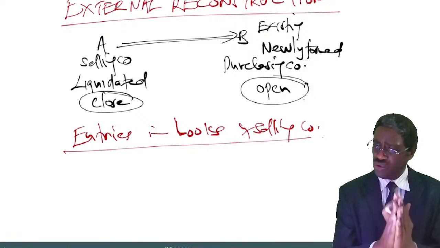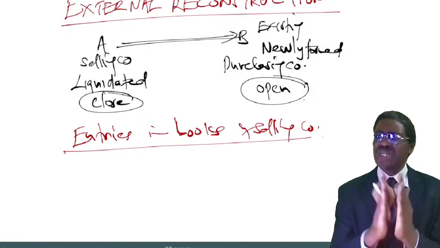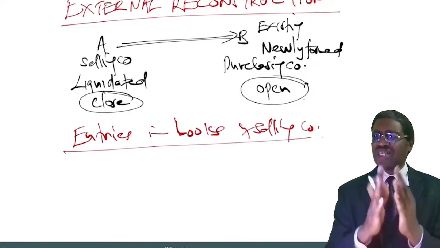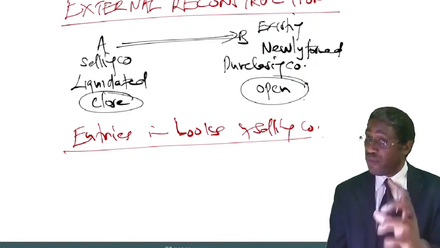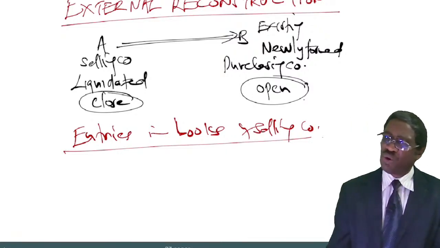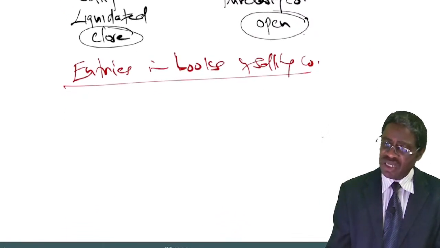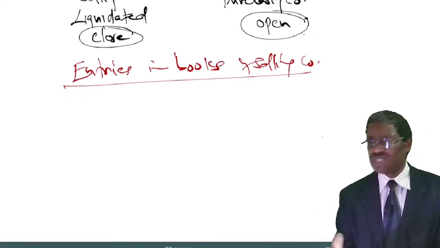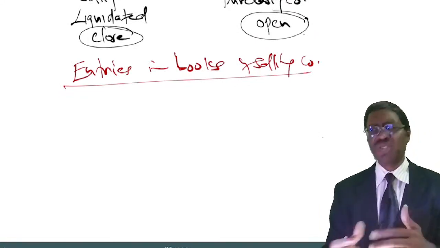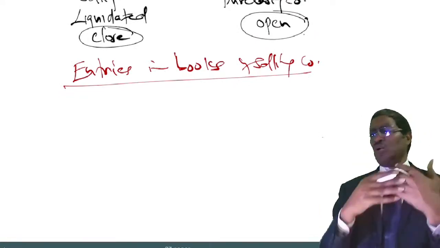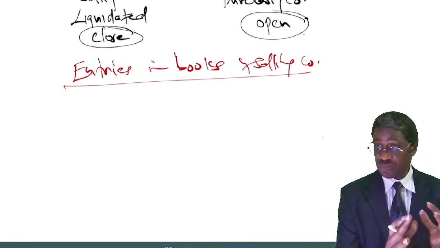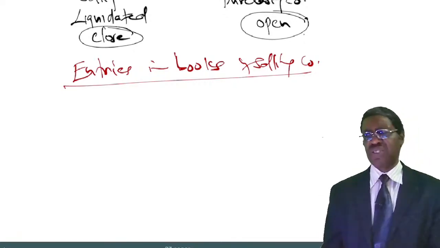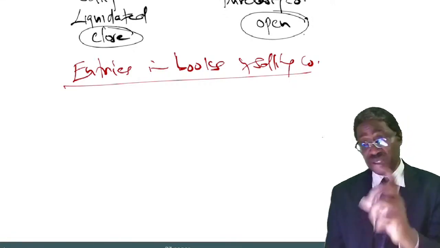And you all know, whenever a company is liquidated, the stakeholders are normally paid what is due to them. So we want to close the books of company A so that these stakeholders, who could include ordinary shareholders, preference shareholders, debenture holders, they have to be paid what is due to them so that they sell their business to company B.